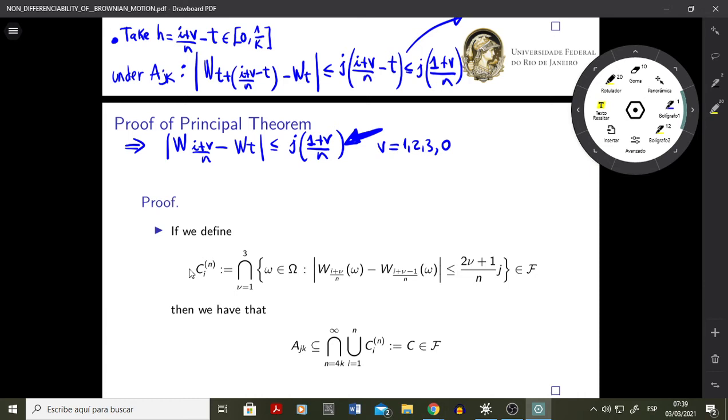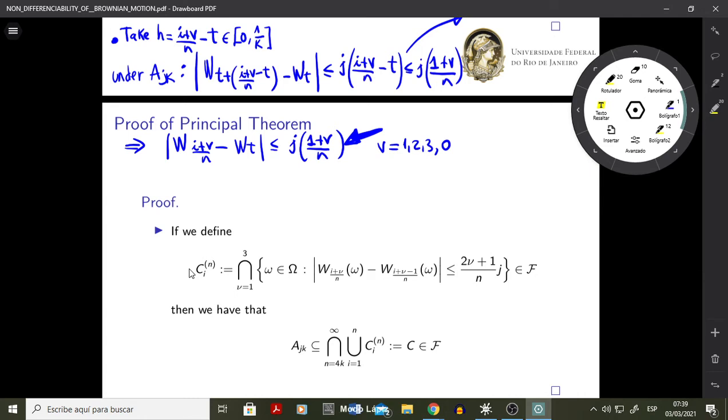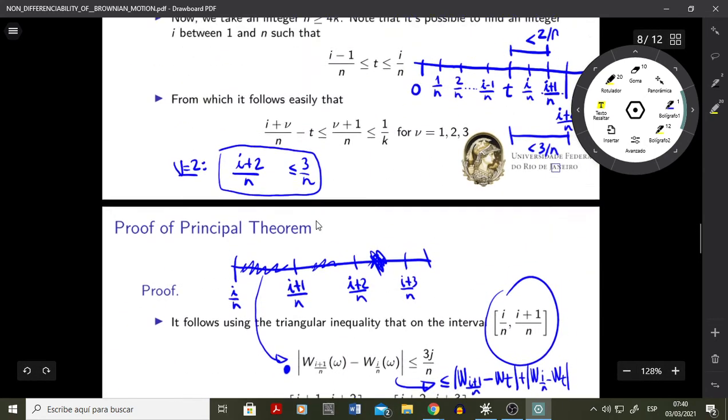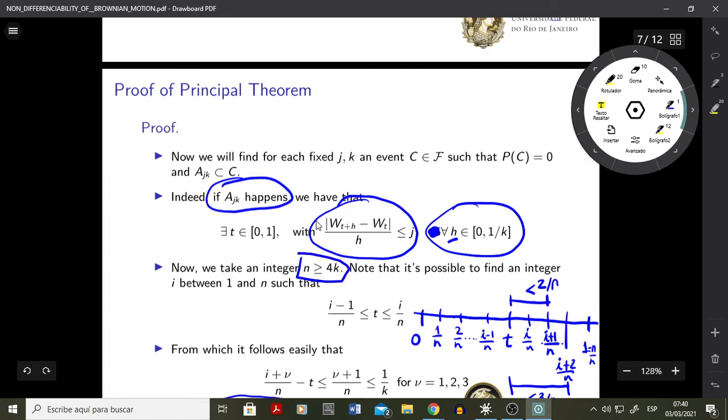well, first we have this event is measurable by obvious reasons, and also we have this. Why? Well, if you look at the construction, if this event happens, you can take an integer n greater or equal than 4 times k.